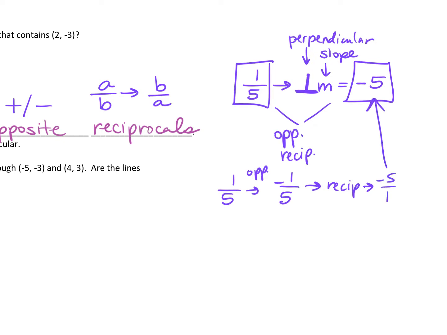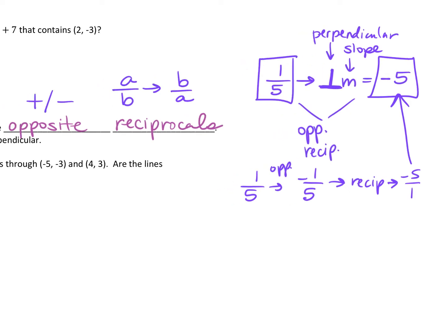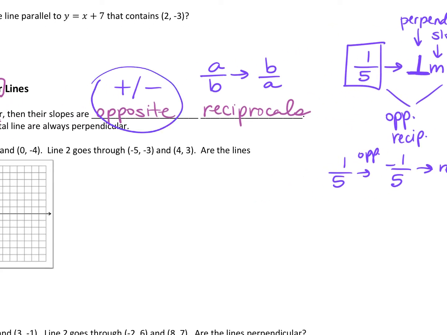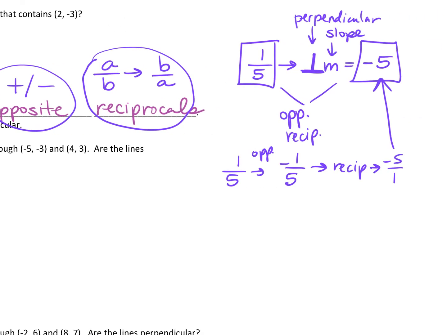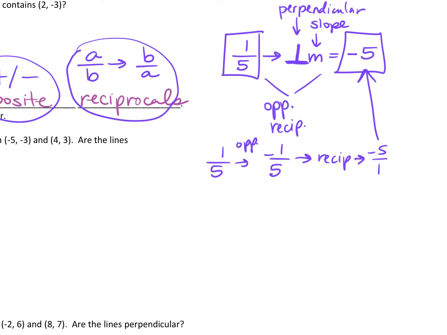It has to be both these things. It has to be an opposite and it has to flip over. So whatever our number started as, we change the sign, make it the opposite of what it was, and flip it over. But you said if it was A over B, so like 1/5, then it would turn into B over A, which is 5. We have to do both of these things. It has to be an opposite and a reciprocal. Yeah.